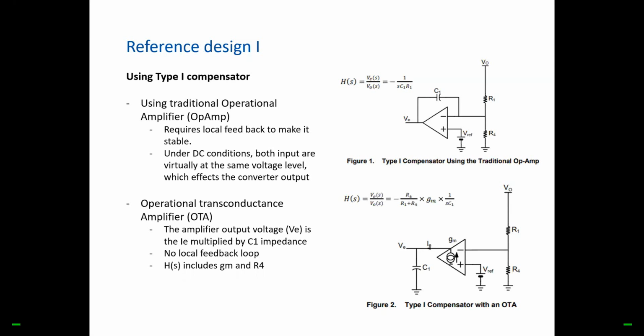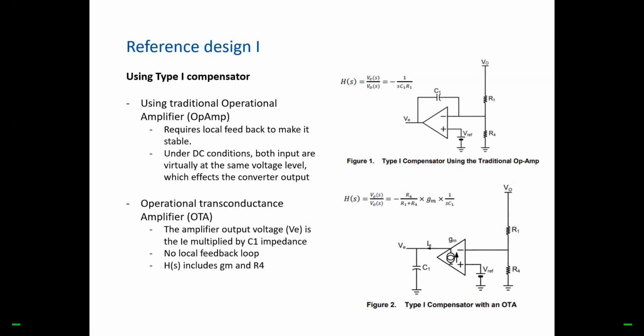For the OTA, the local feedback loop is not necessary. The output voltage of the OTA is equal to the output current multiplied by the capacitor C1 impedance.